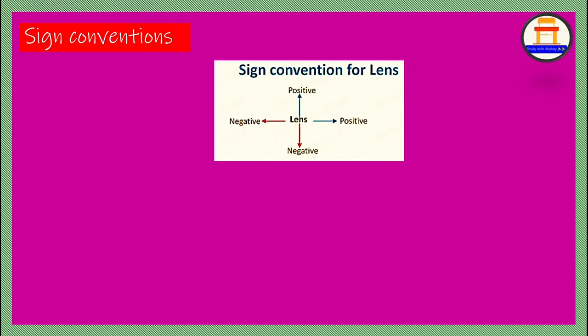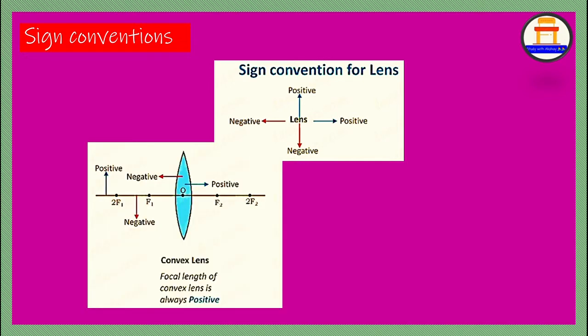For a sign convention, we have a diagram over here. First, let's start with a convex lens. Convex lens is also known as a converging lens, right? There are no ray diagrams involved over here, basically while explaining, that's it.